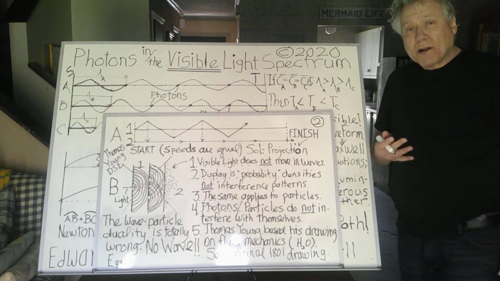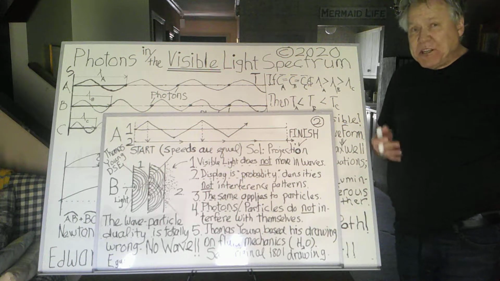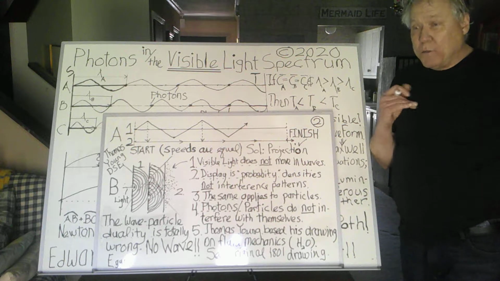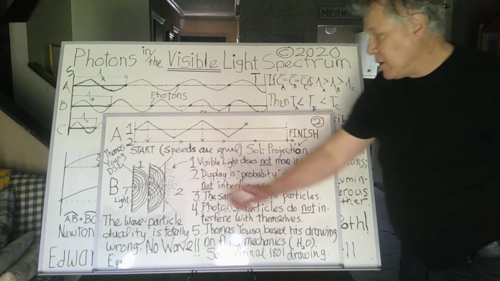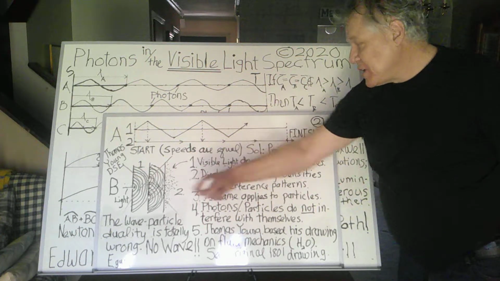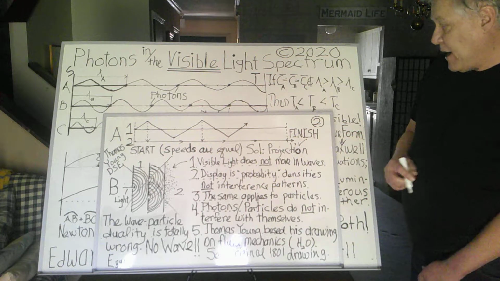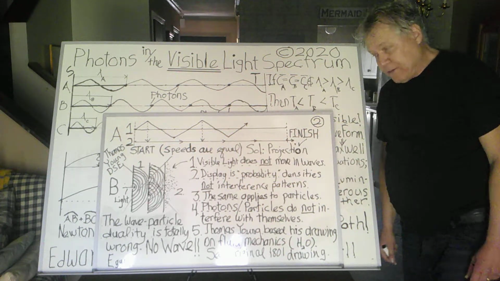Think about water and waves, and then think about maybe a beach ball. How a beach ball travels versus how a wave travels is a major difference. Same thing here. You have those little balls. All you're seeing here are probability densities. Visible light does not travel in waves.